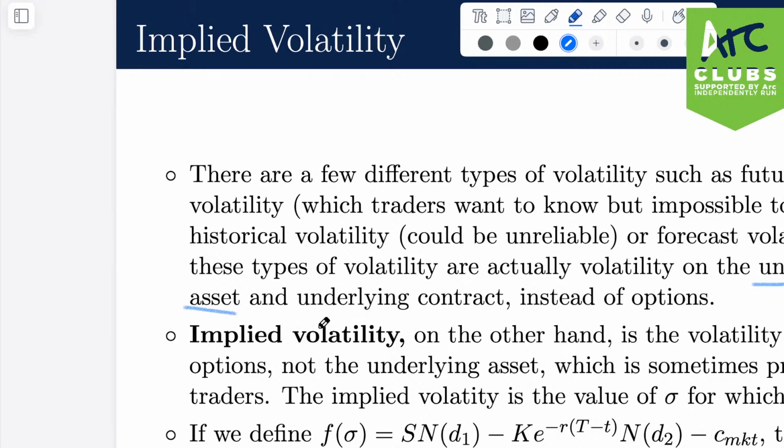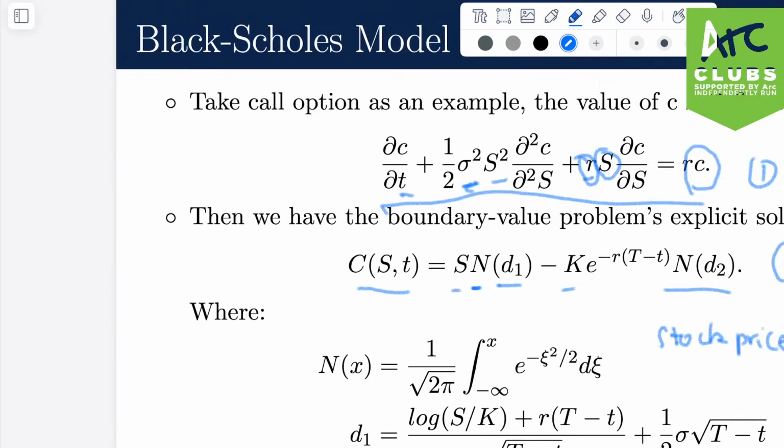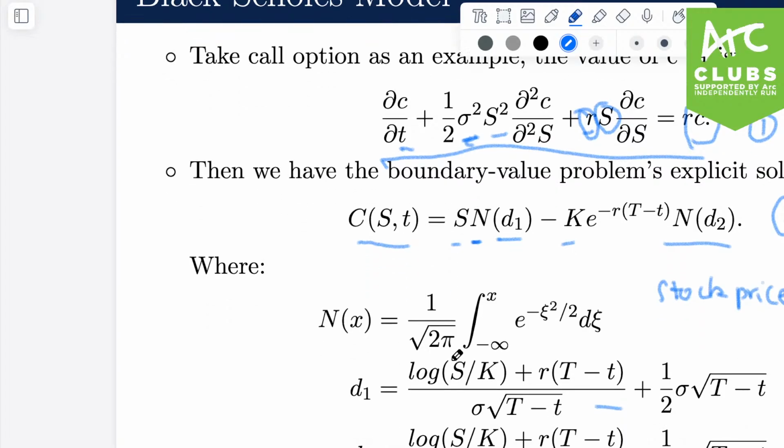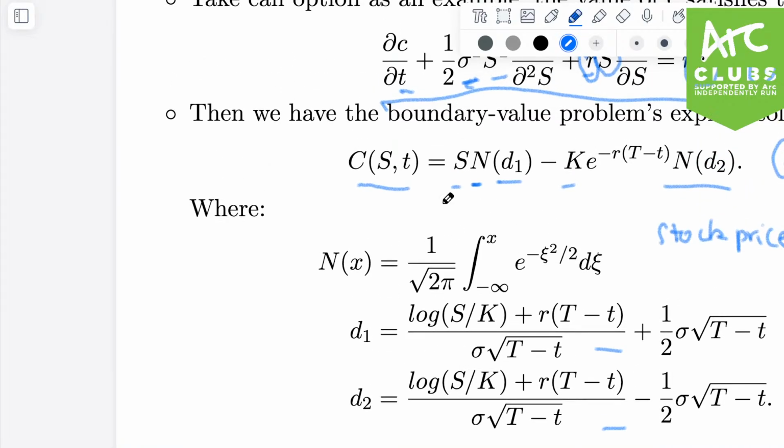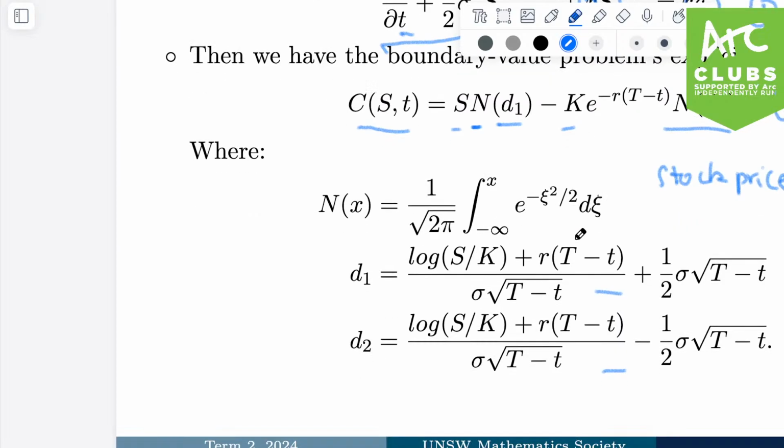However, we want to look at the implied volatility, which is the volatility of the options, not the underlying asset. This is because the Black-Scholes model is on a call option or put option. By the way, if you want to change this formula to put, you can just change the sign, because put is just the reverse of call.